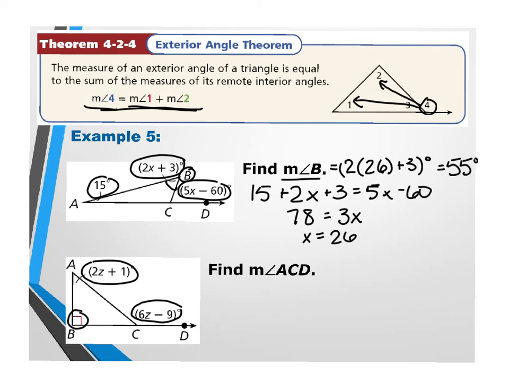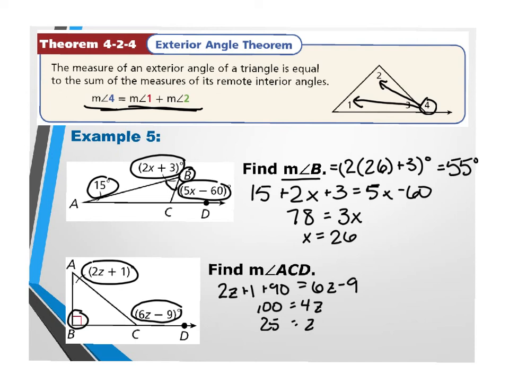So we're going to say 2z plus 1 plus 90 is equal to 6z minus 9. Solve for z. Get 100 is equal to 4z, and z is equal to 25.